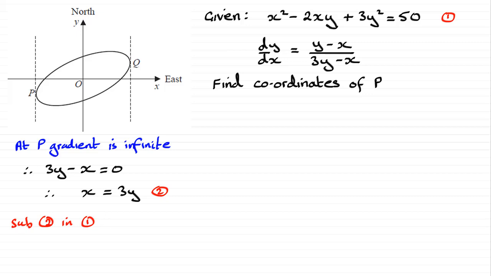And by doing that, I'm now going to have x squared, which will now be 3y all squared, minus 2 times the x, which is 3y, times another y, plus 3y squared, and that's going to equal the 50.